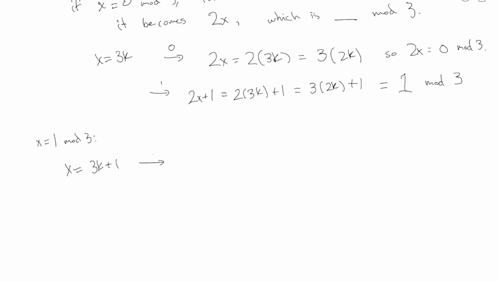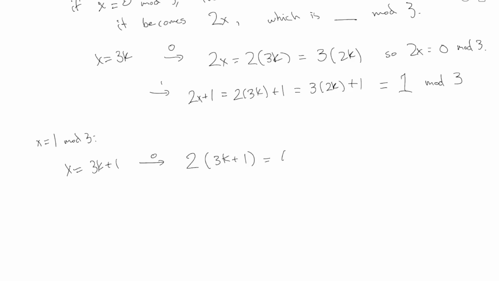And what happens when I read a new 0? That turns it into this. 2 times 3k plus 1, right? Because reading a 0 doubles the number. So it becomes 2 times 3k plus 1. And then I want to somehow work this out and figure out what is the remainder of this when you pull a 3 out to the front of it. The way to do that would be distribute the 2.